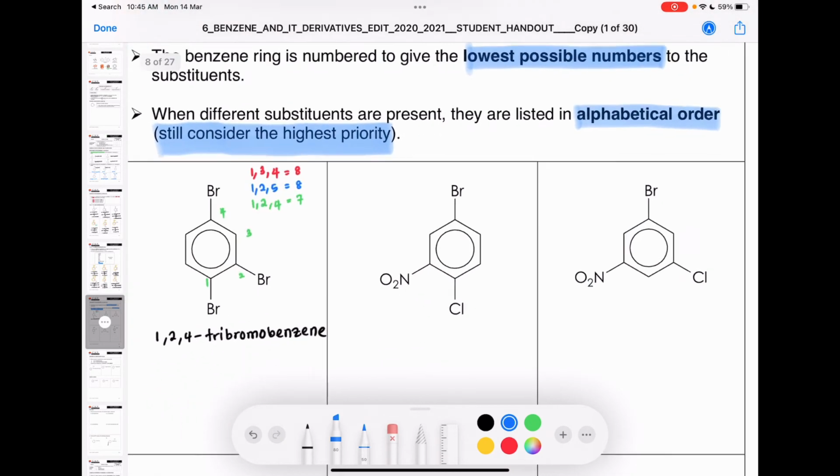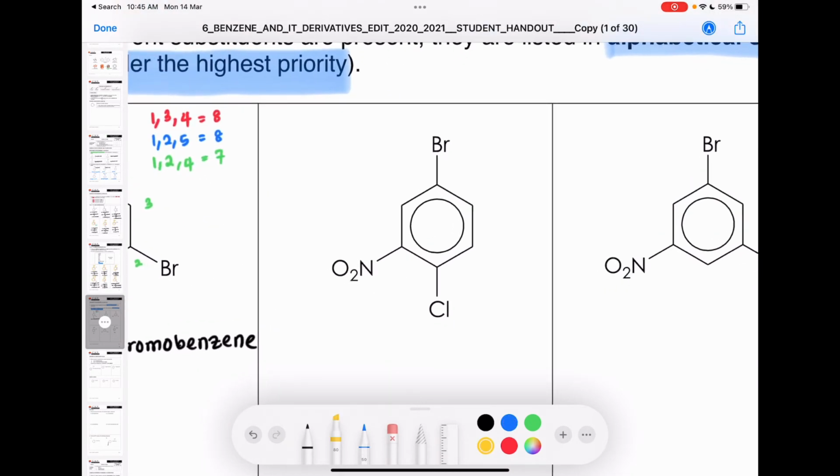Therefore, this one will be carbon number 1. Try to locate the other 2 substituents as low as possible, and therefore we are going to get 2, 3, 4, and 5.